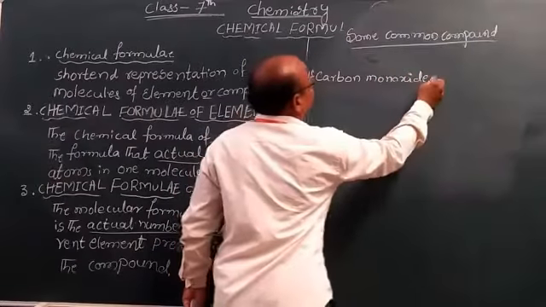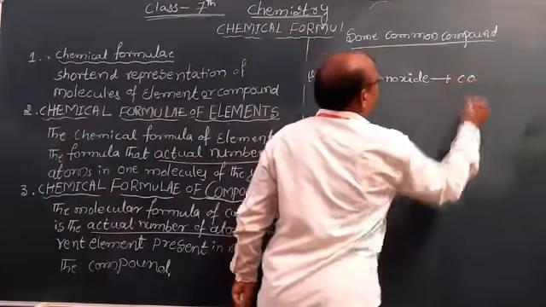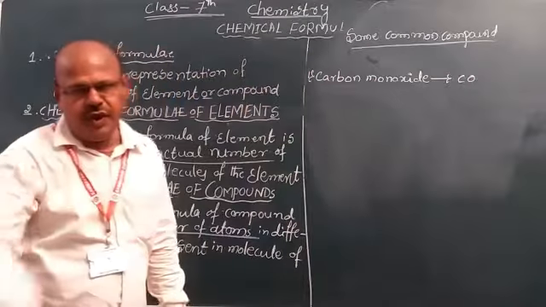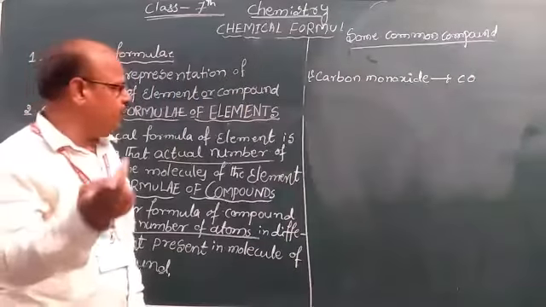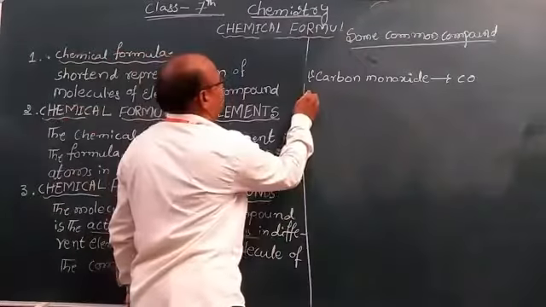What is the formula of carbon monoxide? That is CO. Here two elements are present: one is carbon and the other is oxygen.